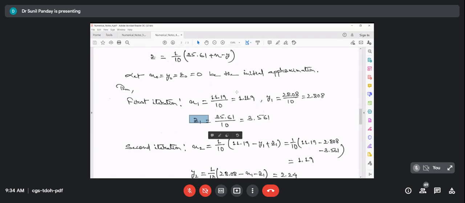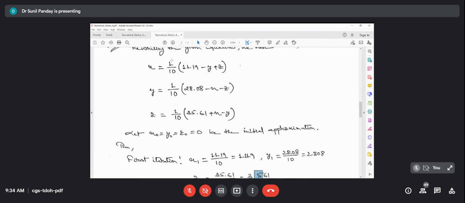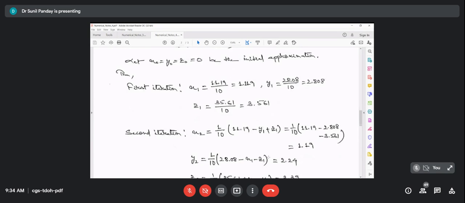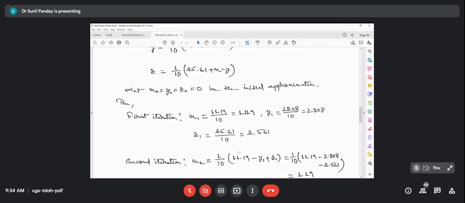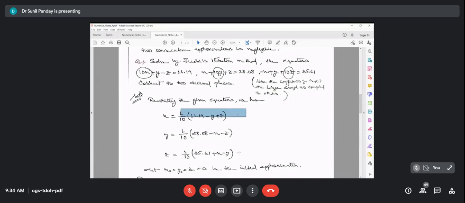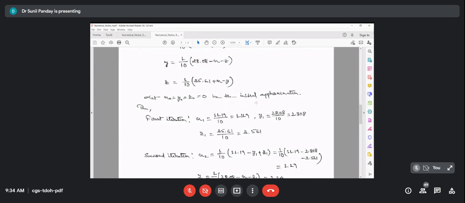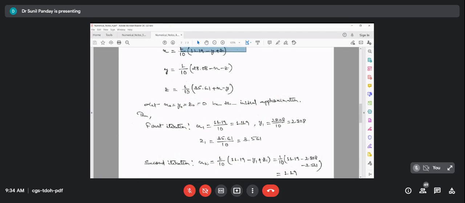Now these updated values of x1, y1, z1, I will substitute in the right side of these equations and get the new updated values x2, y2, z2. So x2 is 1 by 10 times 11.99 minus y plus z.